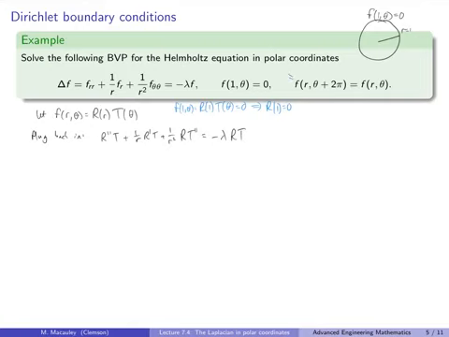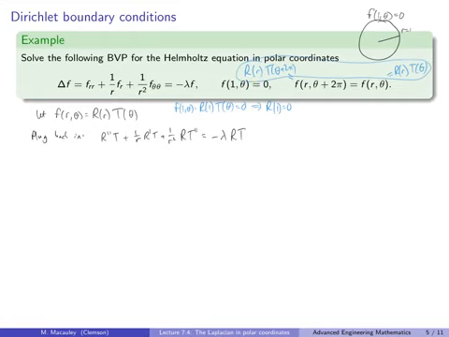So f of r and theta plus 2 pi is big R of r times big T of theta plus 2 pi. And since that's equal to f of r and theta, which is big R of little r times T of theta, we now have these two things equal.